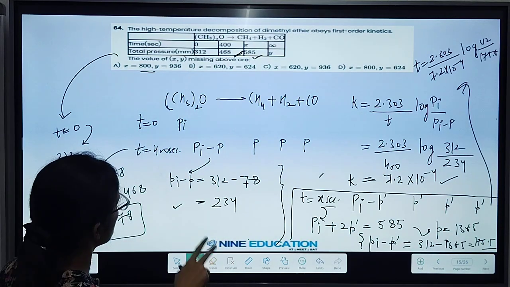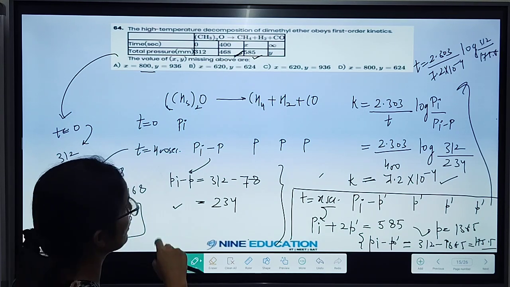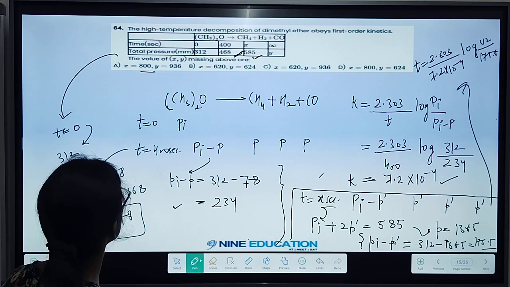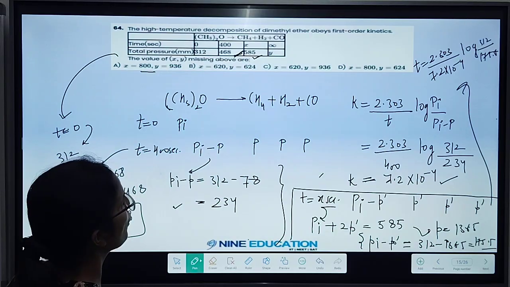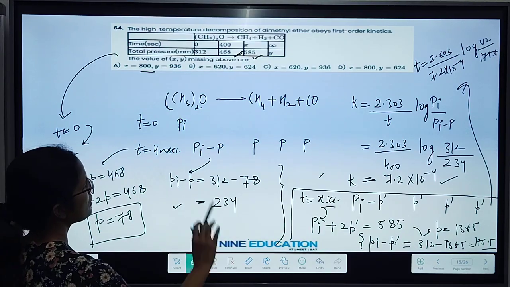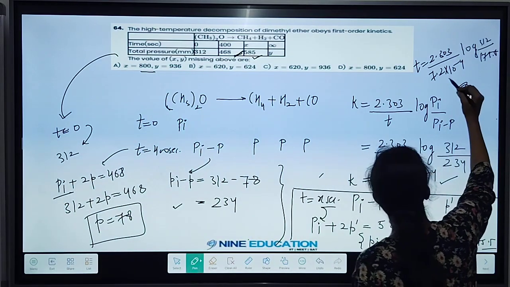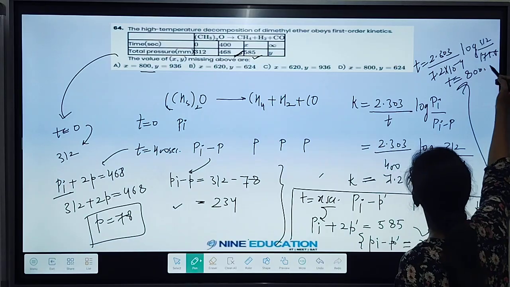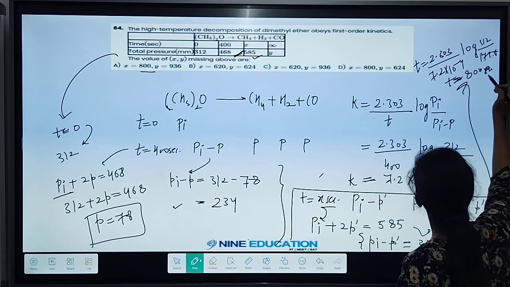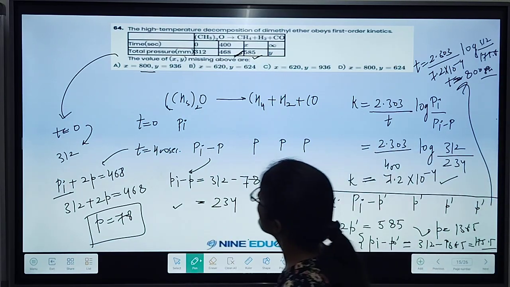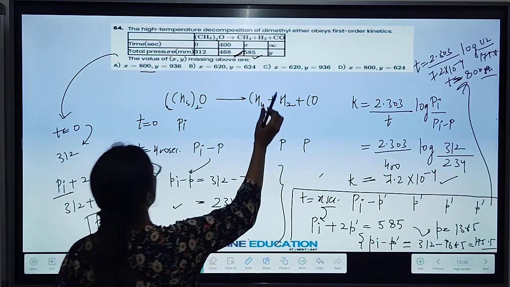By calculating the x value, two options are already eliminated, which are option B and C. So the answer should be either option A or option D. The x value, the t value here, is coming approximately 800 seconds. Next we need to talk about the y value.